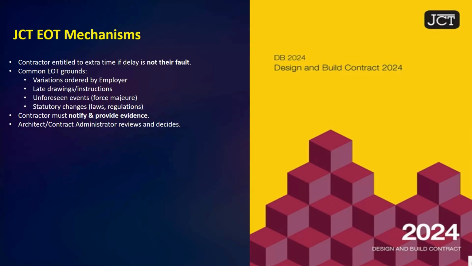Here you can see the common EOT grounds: variations ordered by the employer, late Crime instructions, unforeseen events, then statutory changes in law and regulations. So the key idea is simple: if the delay is beyond the contractor's control, then they should not be penalized.